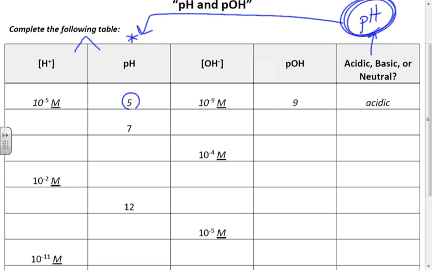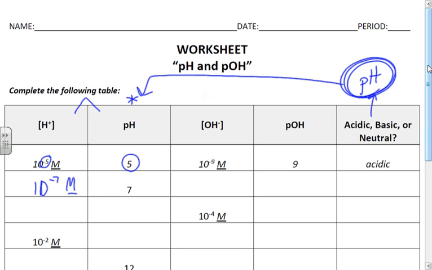So if the pH was 5, then our hydrogen ion concentration was 10 to the negative 5. So if our pH is 7, then hydrogen ion concentration is going to be 10 to the negative 7 molar. Remember, we put the M underlined to represent the concentration. So then if we know pH, we can find pOH because pH and pOH add together to equal 14.